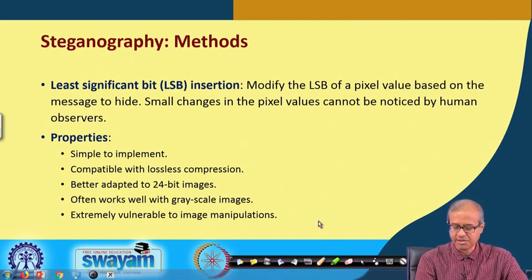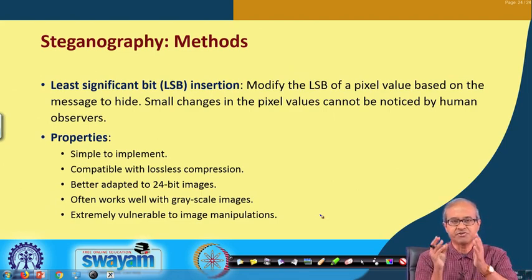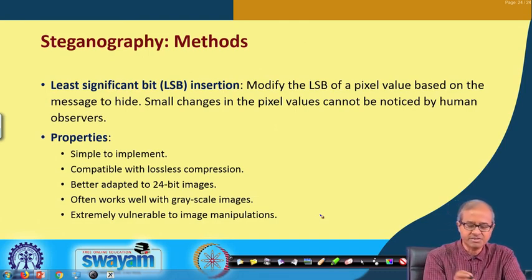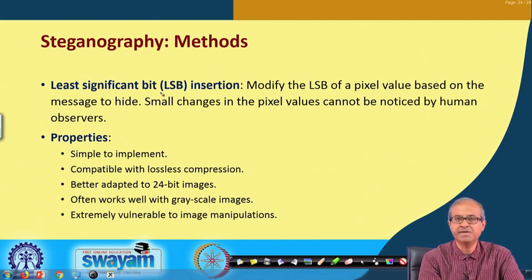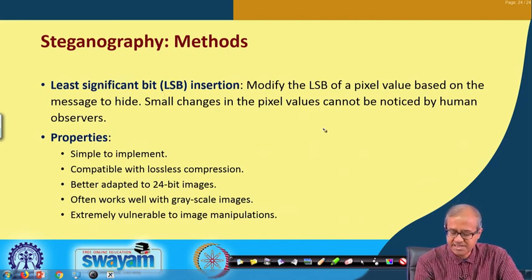Now, talking about steganography, which you are more interested in here, one of the very simple methods using which you can hide information in an image file, not necessarily image, in any media file in fact, is called least significant bit insertion or modification. The idea is as follows. You see, in the GIF image format, I said you use 8 bits to store a color.